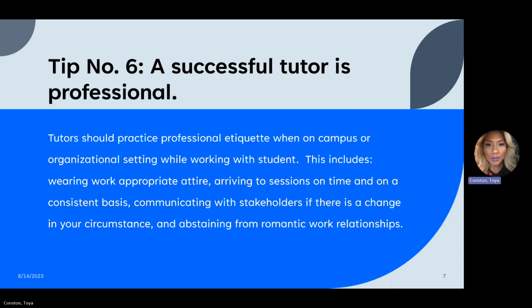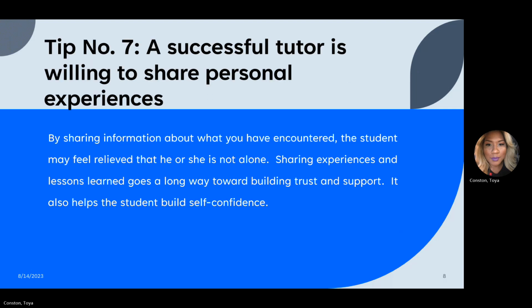You want to make a good, lasting impression, not only on the administrators there at the campus, but on the student learners who are observing you while you're there on campus. So, in order to be a successful tutor, tip number 6 holds that you should be a professional at all times.